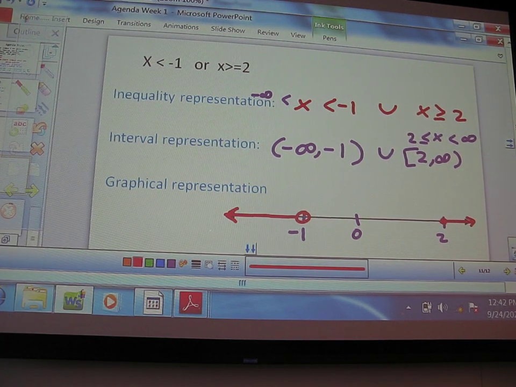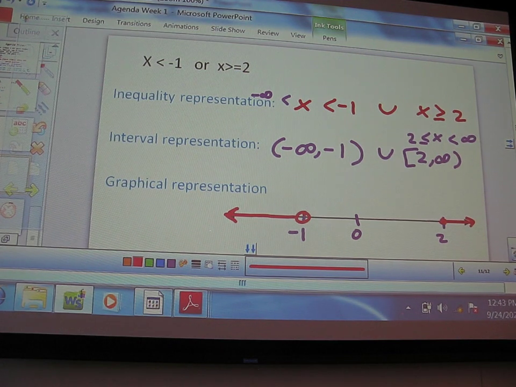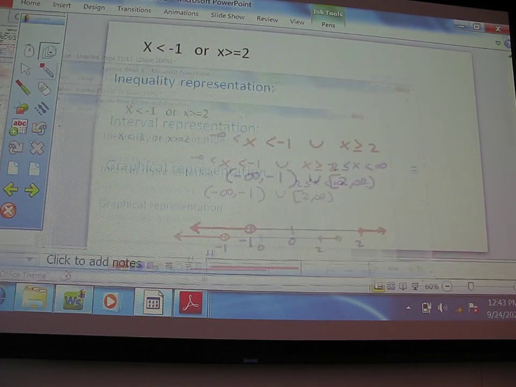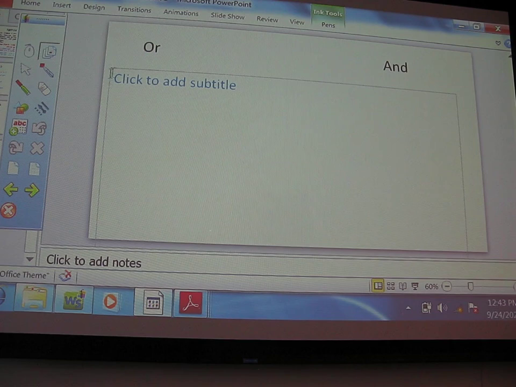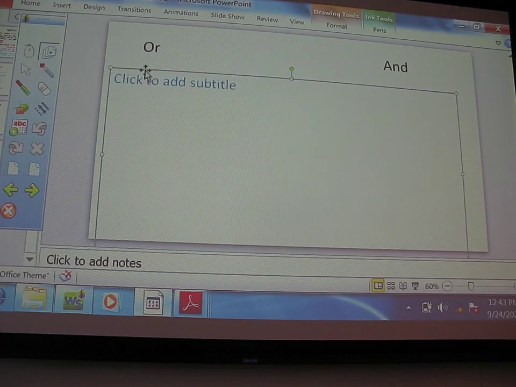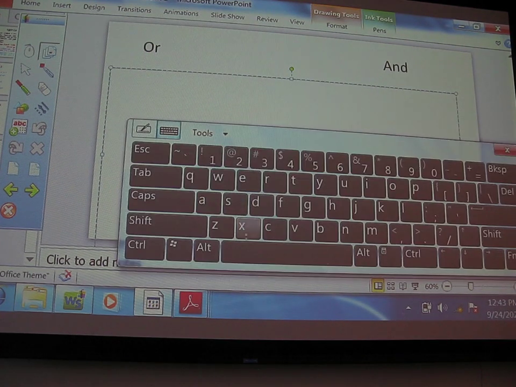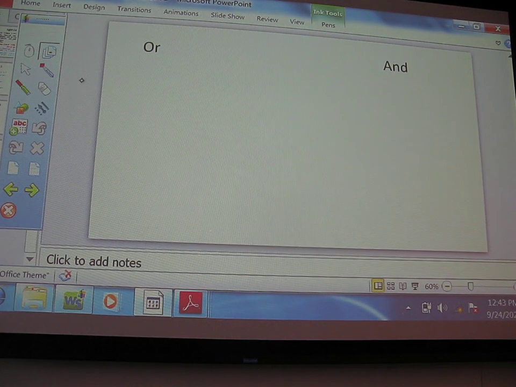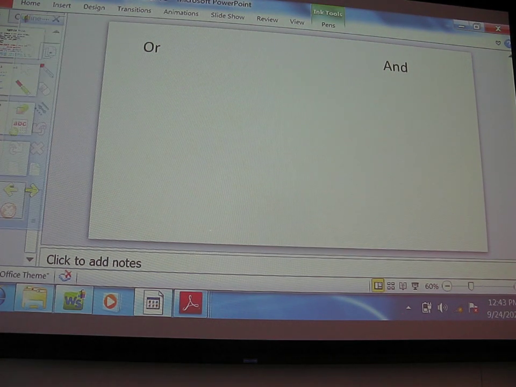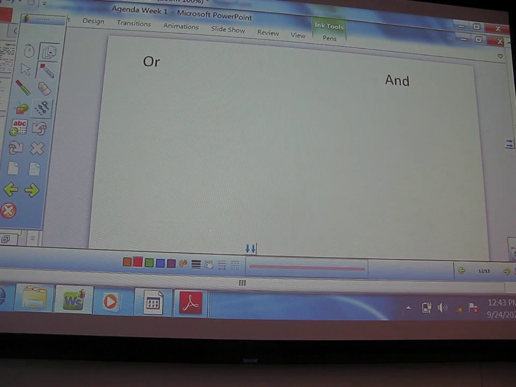Okay, then let's talk about what some of these things mean. Okay, so or. How do I know what or means? Here's a symbol for or.